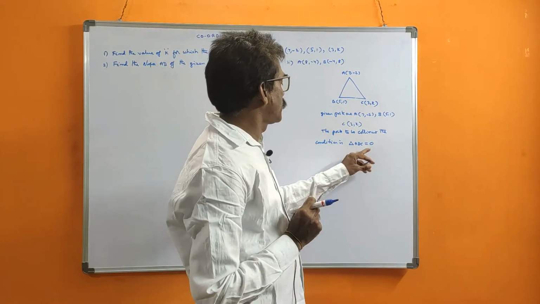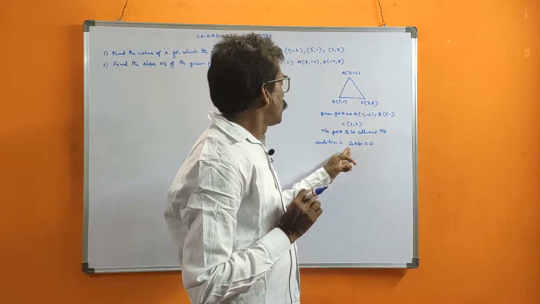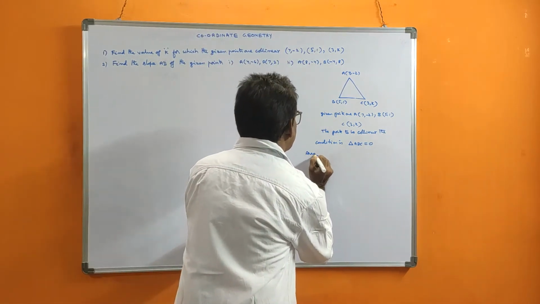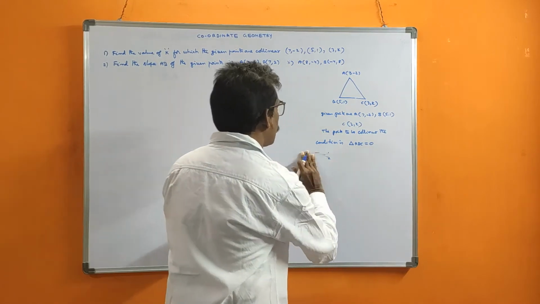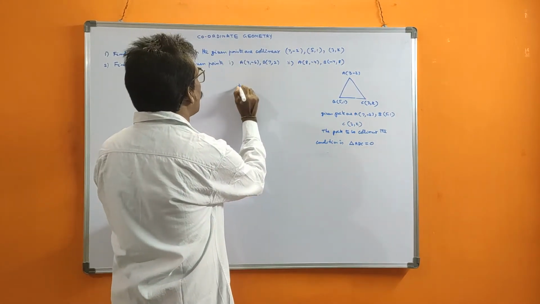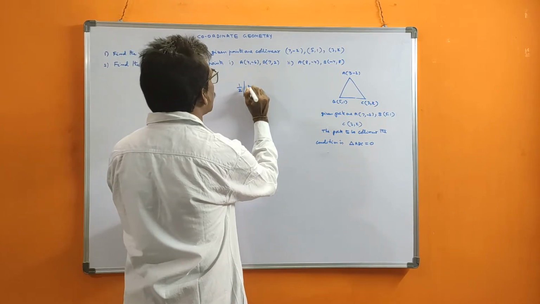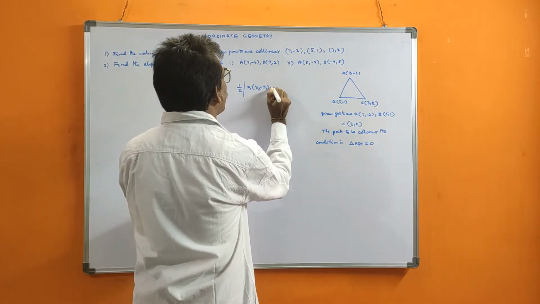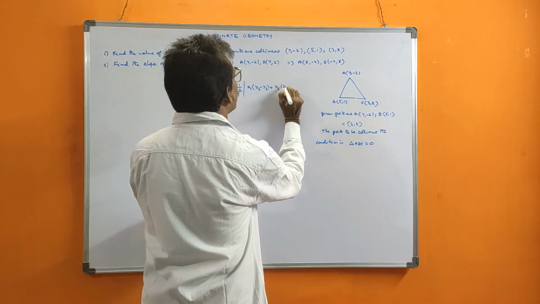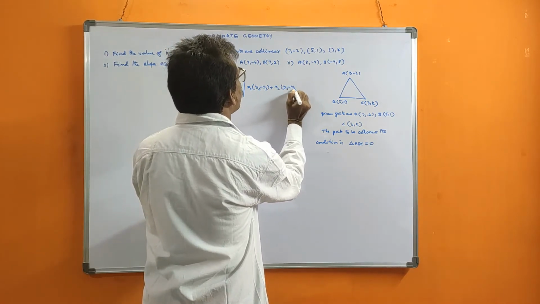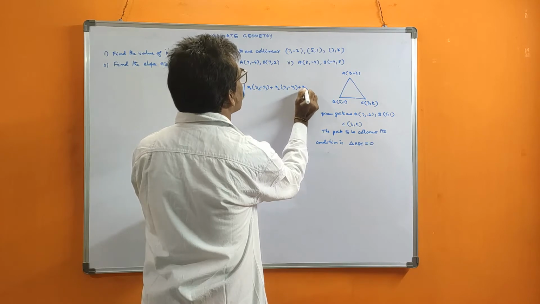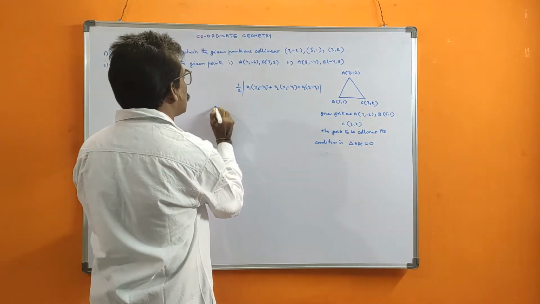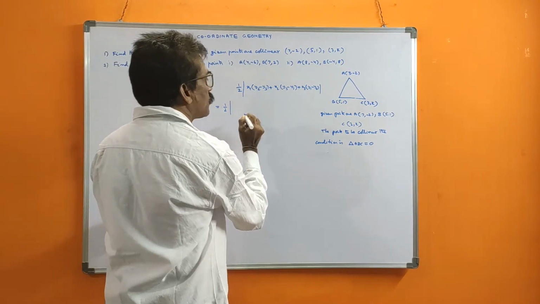That is the condition. So the area is equal to one half of the modulus of x1 into (y2 minus y3) plus x2 into (y3 minus y1) plus x3 into (y1 minus y2). That is the formula for area, we know.